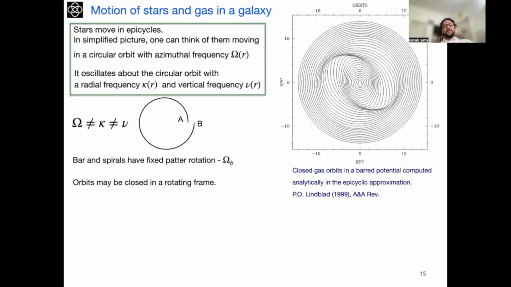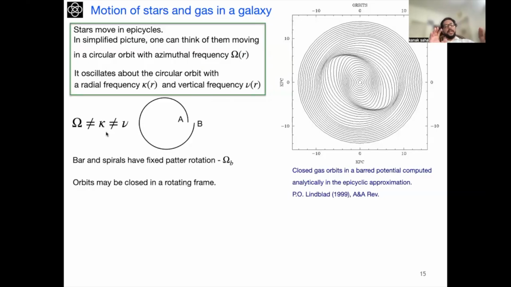Let's look at the motion of stars and gas in a very simple and simplified way. One can think about stars moving in the galaxy in epicycles. In a simplified picture, one can think of them moving in a circular orbit with azimuthal frequency Omega(r). While it rotates in the circular orbit, it also oscillates in the radial direction with epicyclic frequency kappa about the circular orbit, and also in the vertical direction with the frequency nu(r).